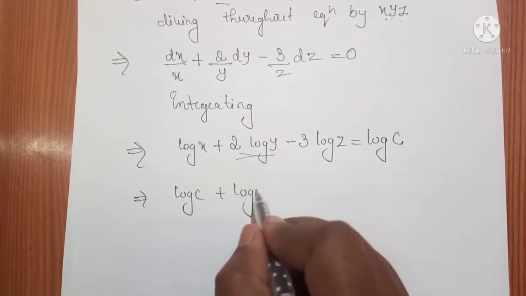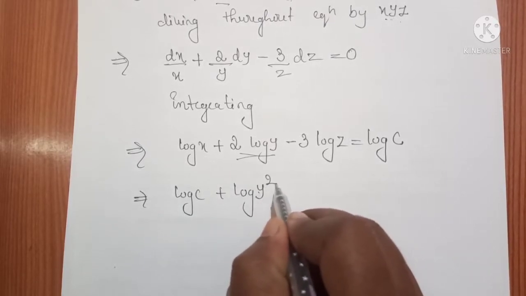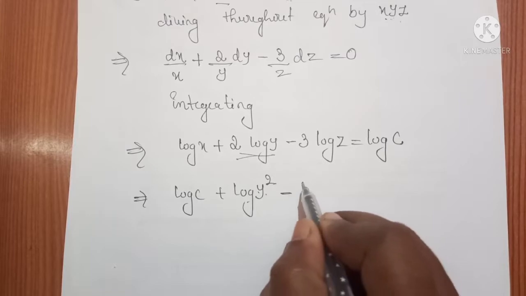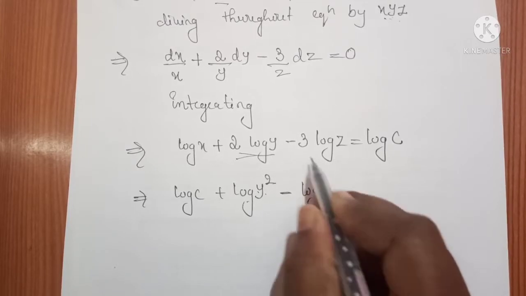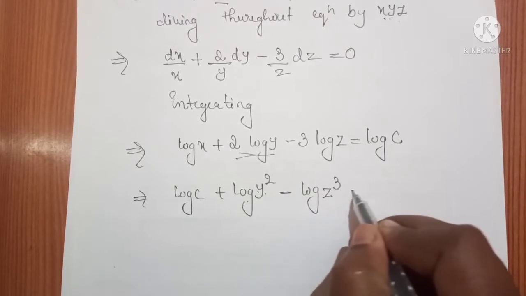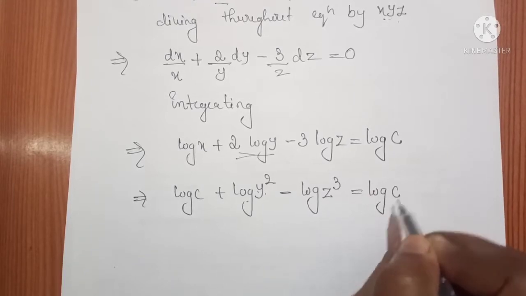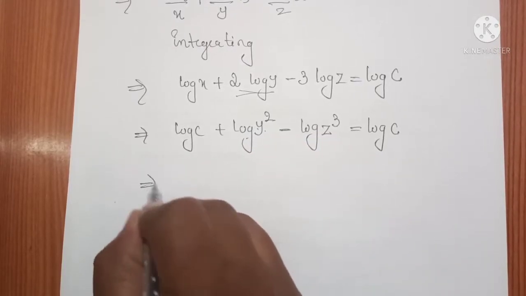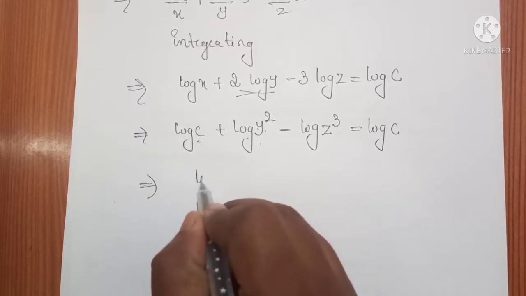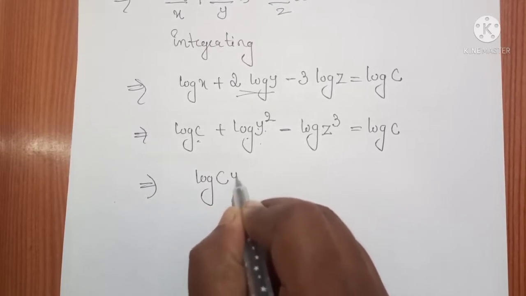So by using the properties of log, we can write it as log of y square minus log of z cube equals log c, or log m plus log n, we can write it as log c into y square.